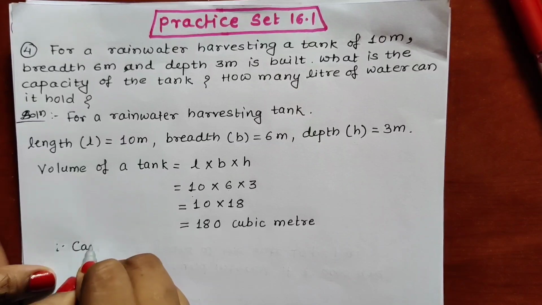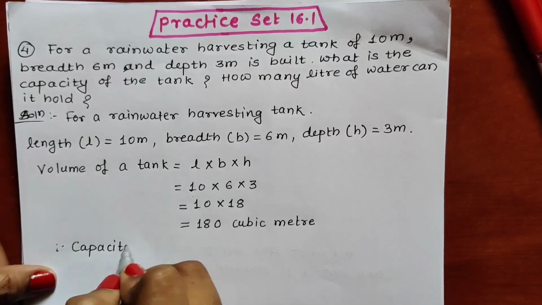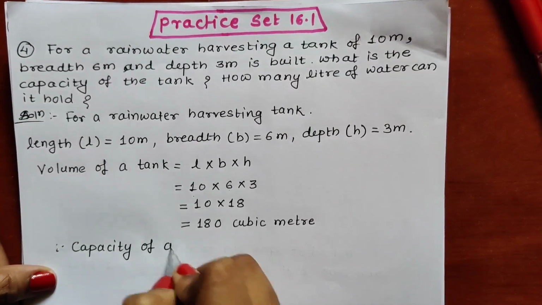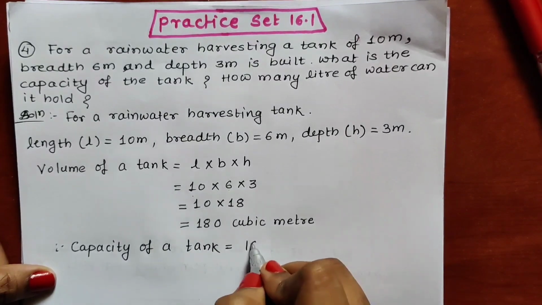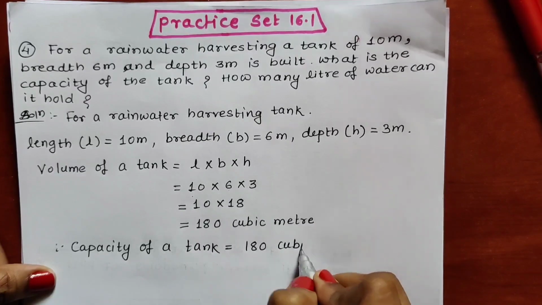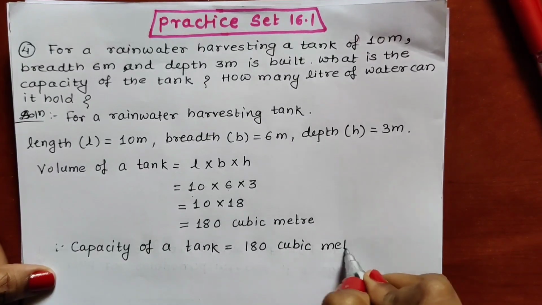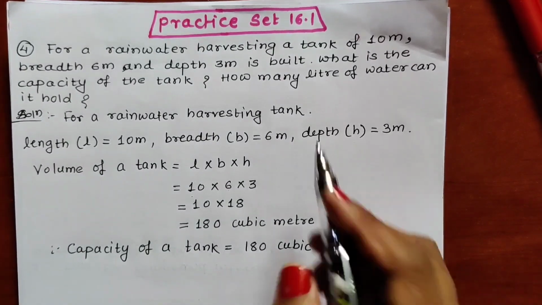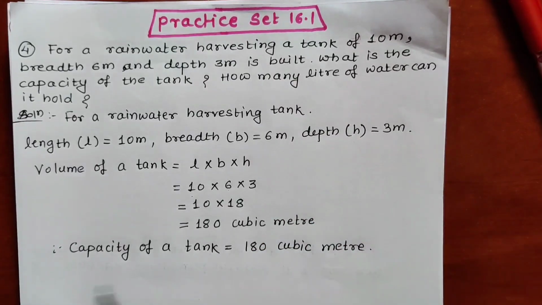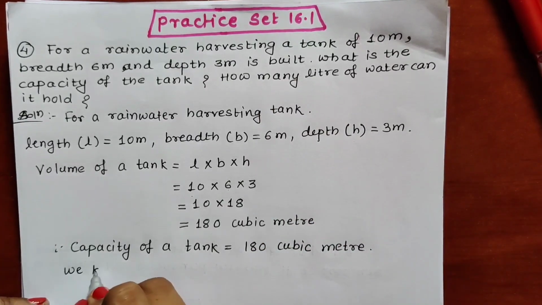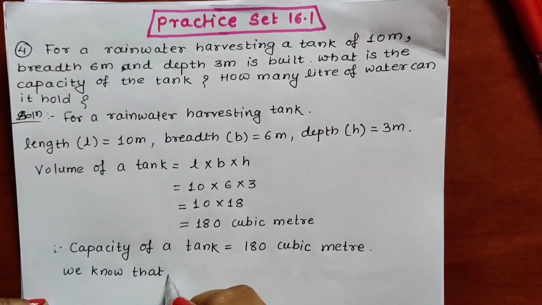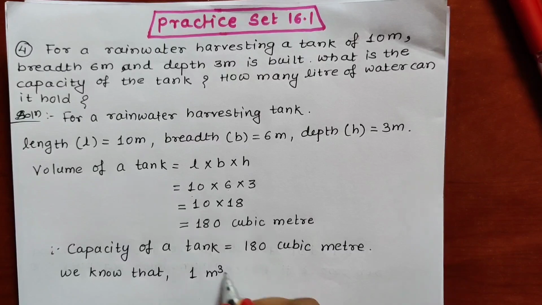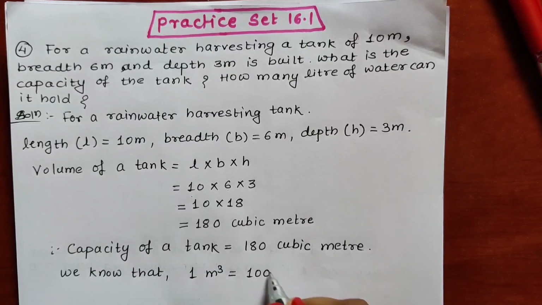Therefore I will be writing capacity of a tank is equal to 180 cubic meter. Now we have to convert this cubic meter into liter. So we know that 1 meter cube is equal to 1000 liter.